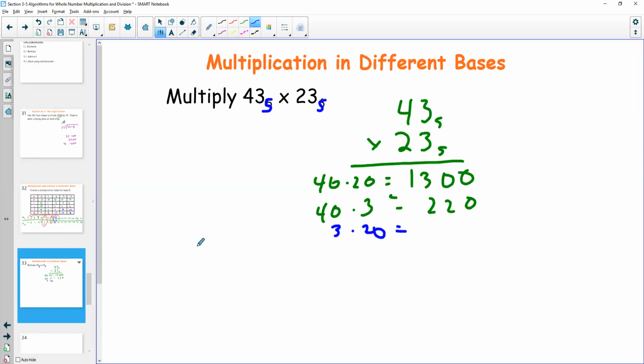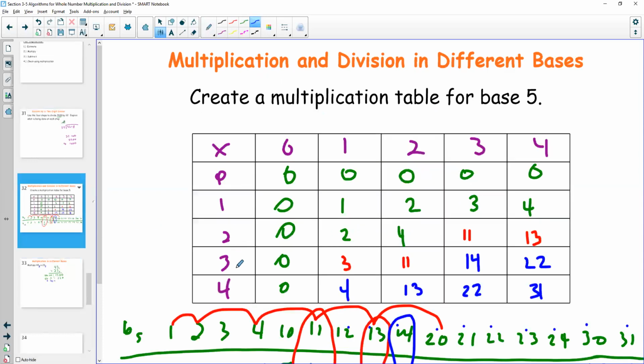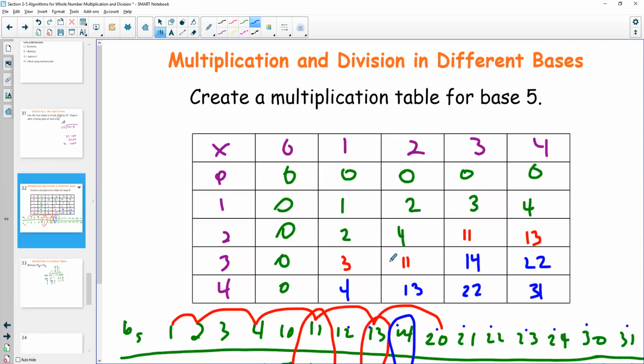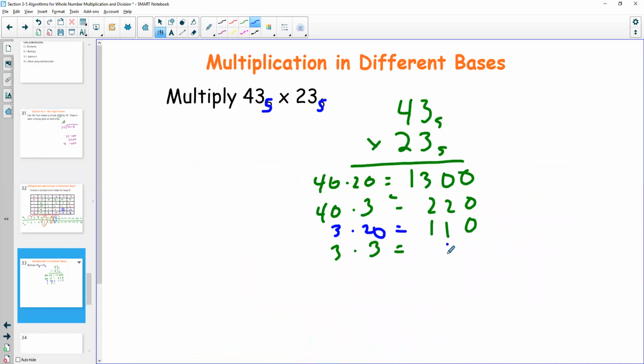Well, 3 times 2 makes 11. So that makes 11 with a 0, right? And then I have to do 3 times 3. 3 times 3 was 14.